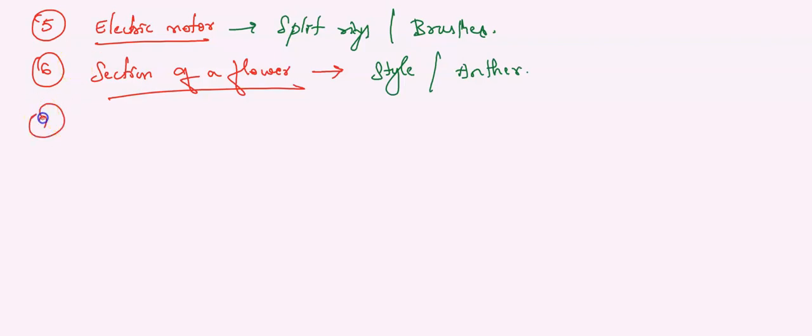Next question. Very important diagram. Draw a neat diagram of arrangement of apparatus to show the reaction of zinc granules with dilute sulfuric acid. This diagram is known as what?